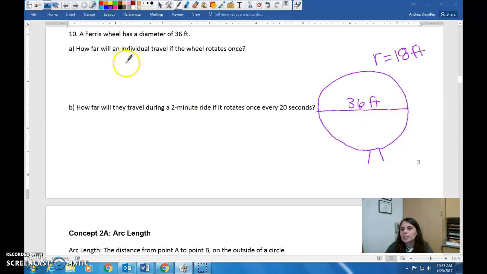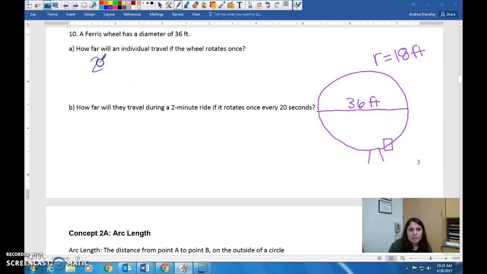And then the first question is, how far will an individual travel if the wheel rotates once? So let's say I'm sitting in my little cart right here, and the wheel rotates exactly once, and I end up back in my little car right here. How many feet did my car move? Well, that's just the circumference, because the measure of the outside of the circle is our circumference.